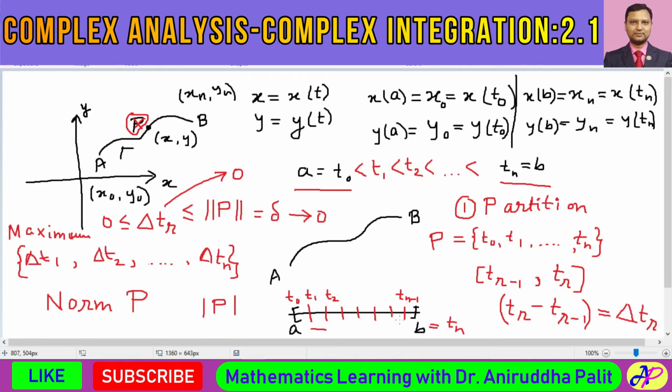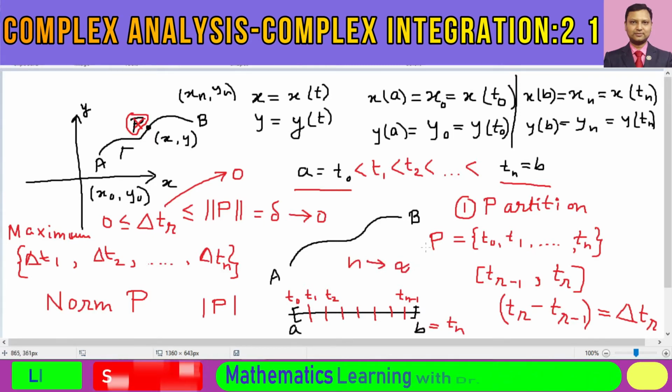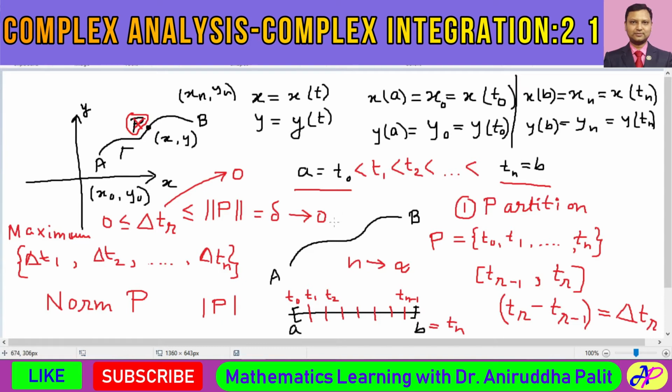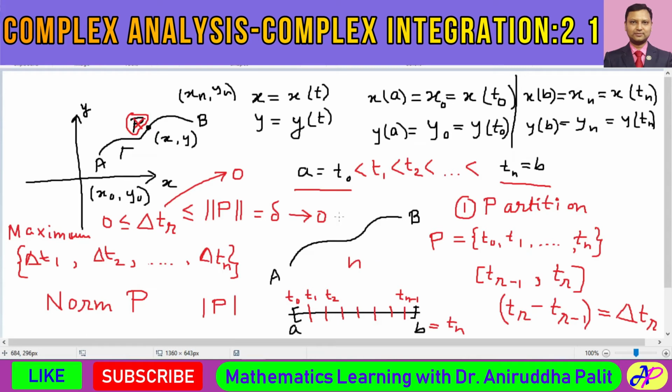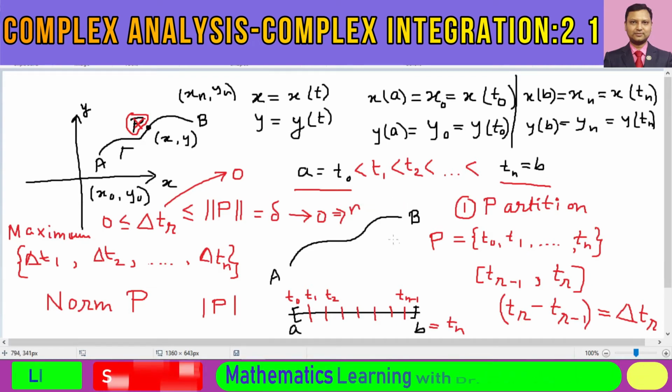That means in that case n, the total number of subintervals, would tend to infinity. So delta tending to 0 implies that n tends to infinity.